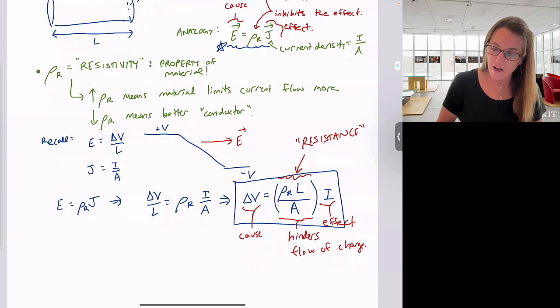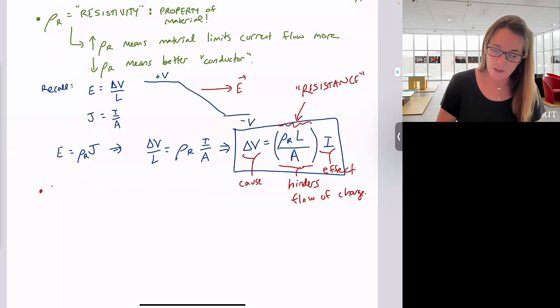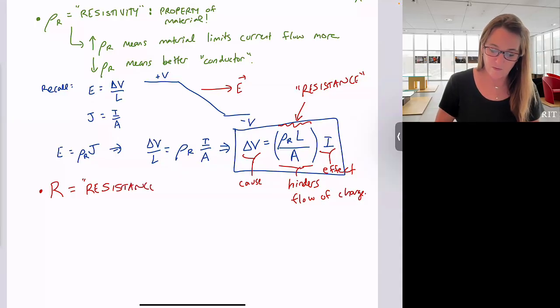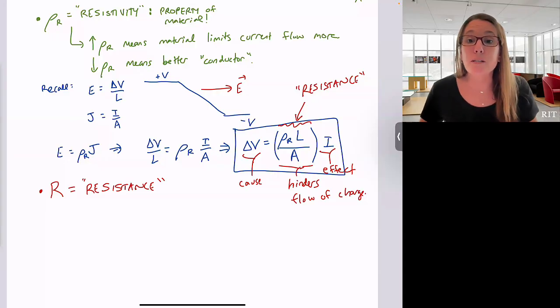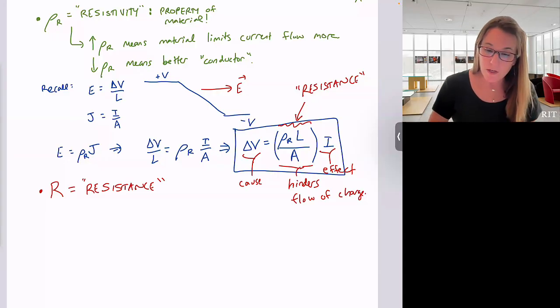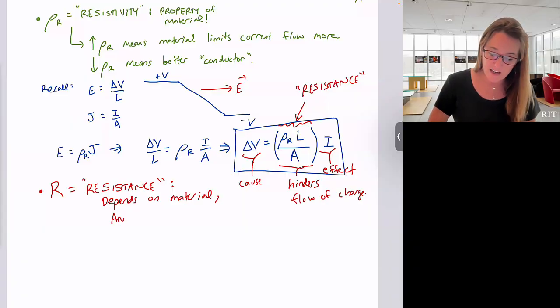So let's go ahead and define that quantity here. So we have now resistance. I'm going to call it capital R. And that resistance is going to be something that depends on the material, because it does involve the rho, and on the geometry of the material.